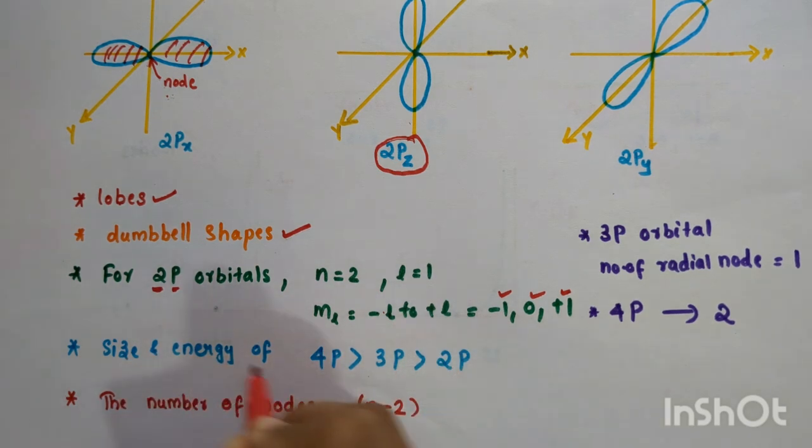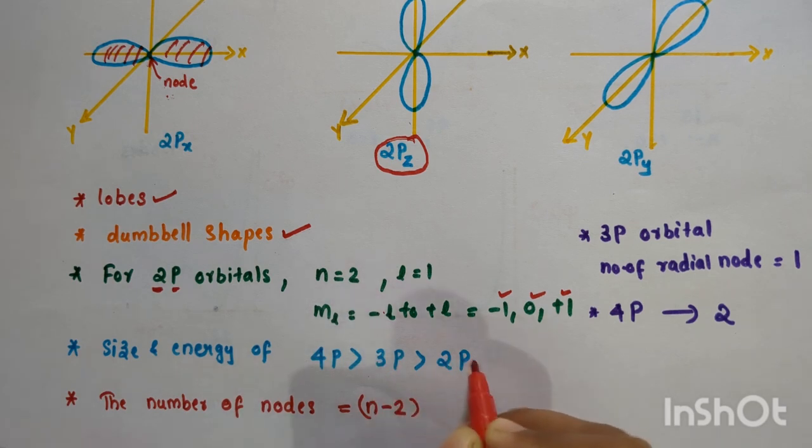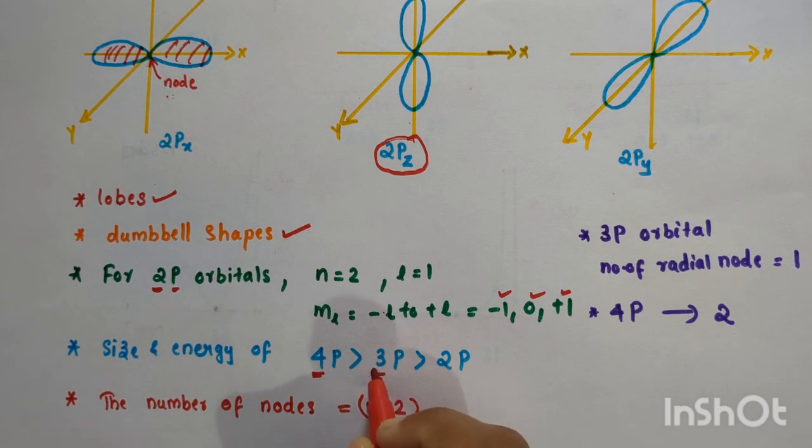That is, the size and energy of 4p orbital will be greater than that of 3p orbitals, which will be greater than that of 2p orbitals. Because for 4p the principal quantum number is 4. So with the increase in the principal quantum number, size and energy also increase. For 3p it is 3, so it will have less energy and size than 4p, like that.